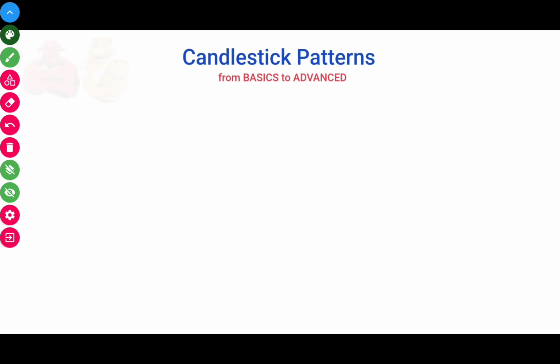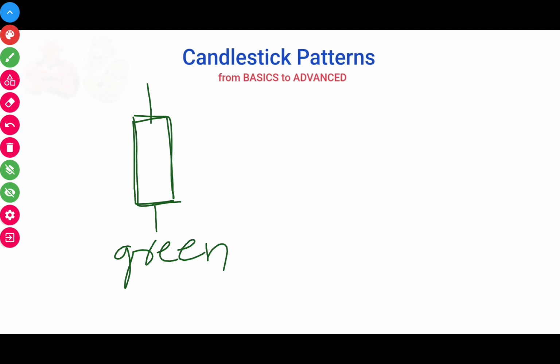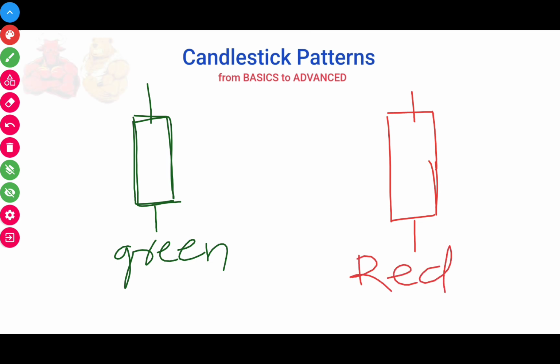Generally, bullish candles we represent in green color. So bullish candles are in green color, and bearish candles are in red color. So this is a red color, meaning bearish.